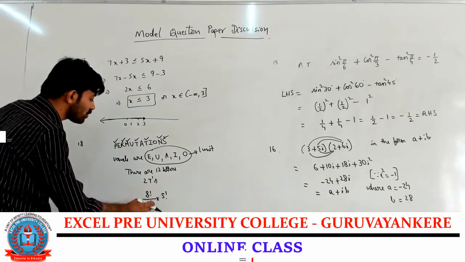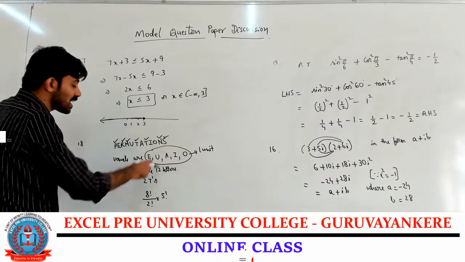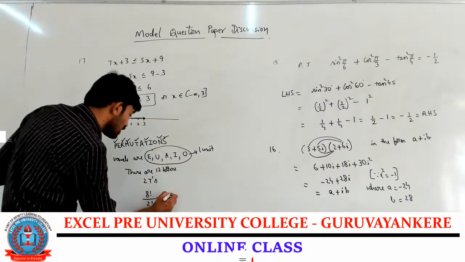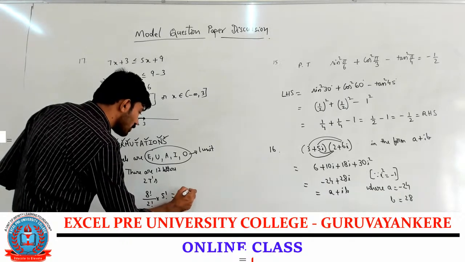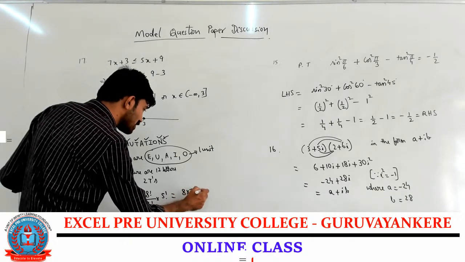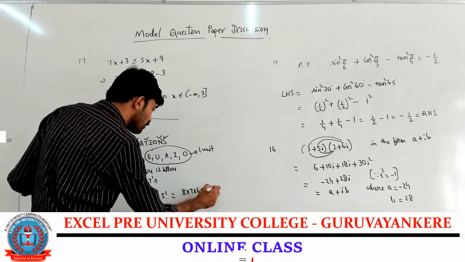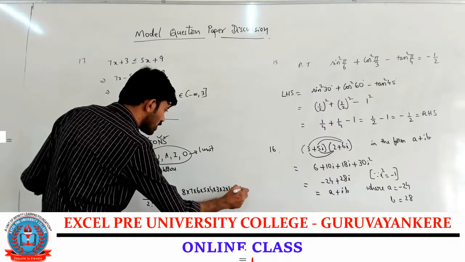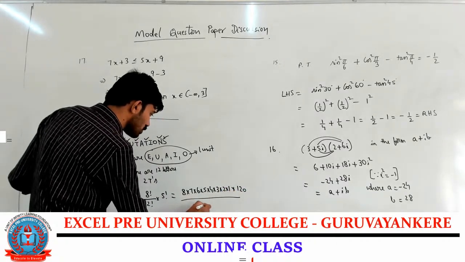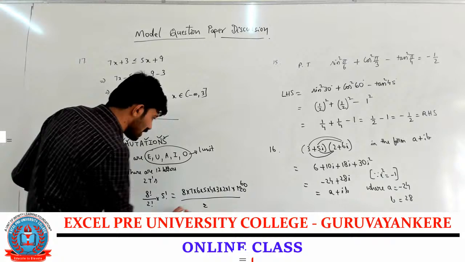So simplify this: 8 factorial is 8 into 7 into 6 into 5 into 4 into 3 into 2 into 1. 5 factorial is 120. Divide by 2 factorial, which is 2. Do the calculation and get the answer.